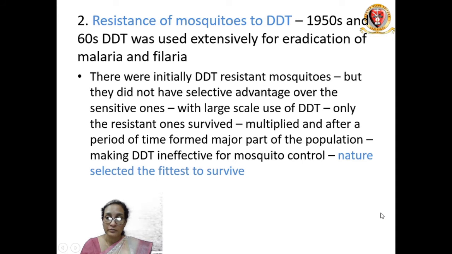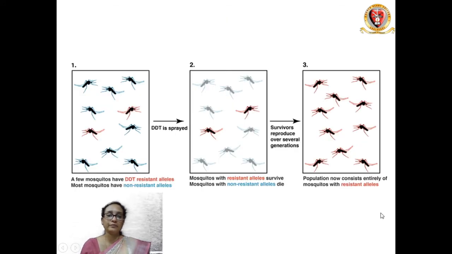So, in a population of mosquitoes where there were DDT resistant as well as sensitive mosquitoes, when the environment changed, when DDT started being used in the environment, the sensitive ones could not survive, but the resistant ones survived, multiplied, and became the major part of the population, again showing how nature selects only the fittest to survive.